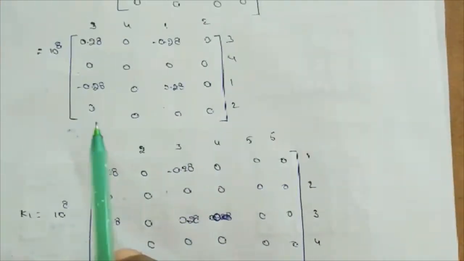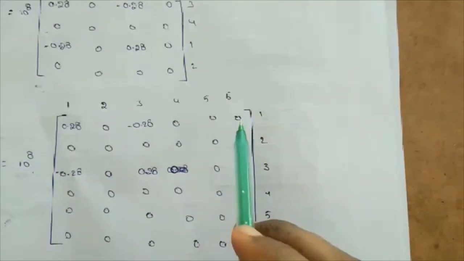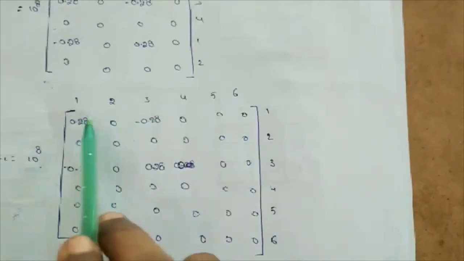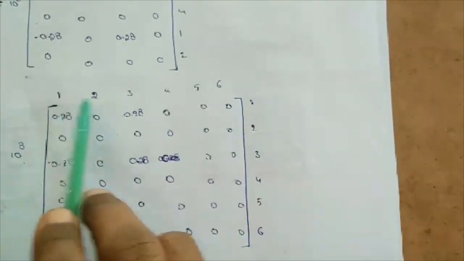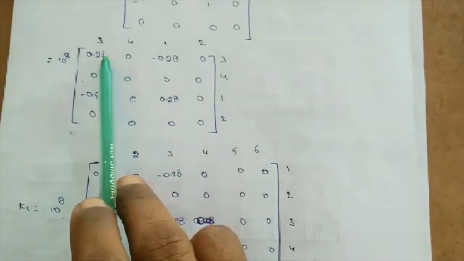Then to convert this matrix into a global matrix, first keep 10 power 8 common outside, then open the bracket. The total number of displacements in the figure is 6, so you have to keep all 6 numbers on the top and right side of the matrix. In this matrix there is only 3 4 1 2, there is no 5 and 6.